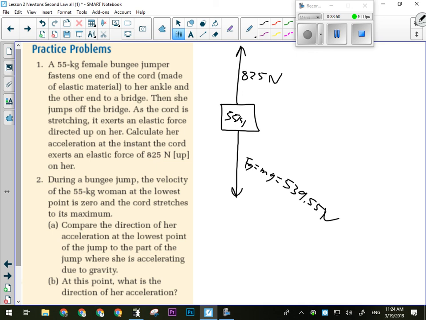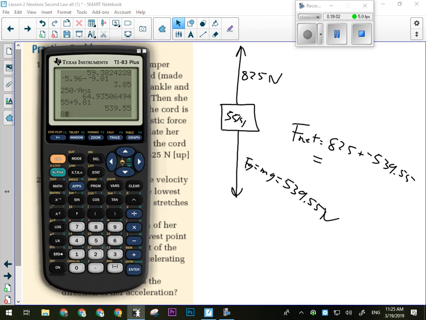Can I find the net force on her? Okay, so F net will be 825 plus negative 539.55, giving us our net force here. So 825 minus our answer. All right, so our net force is 285.45 newtons.